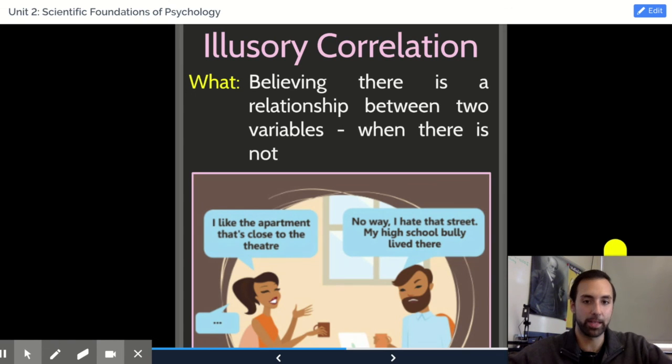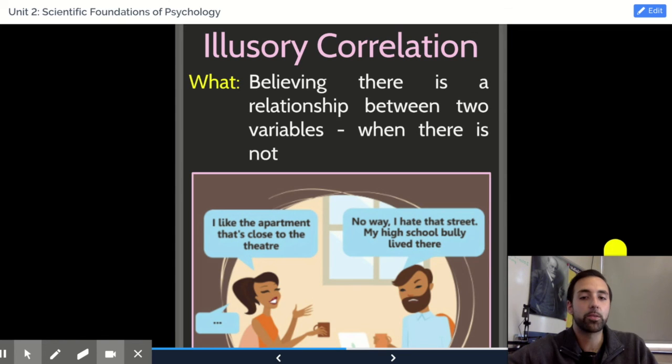And oftentimes people present it as some type of cause and effect, that the rain and the bad weather causes my joints to hurt. That's another example of jumping to conclusions that are not likely backed up by the data. We call that an illusionary correlation. When you believe that there is a relationship between variables, when you have a belief that they fluctuate together, either positive up, or negative up, down, when there more than likely isn't if you were actually to run the numbers.